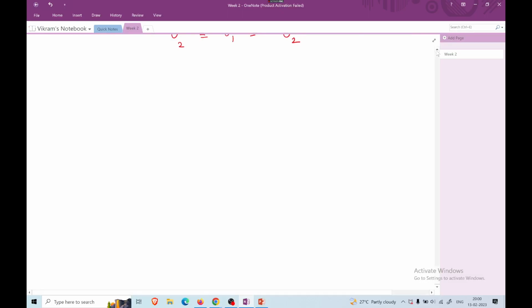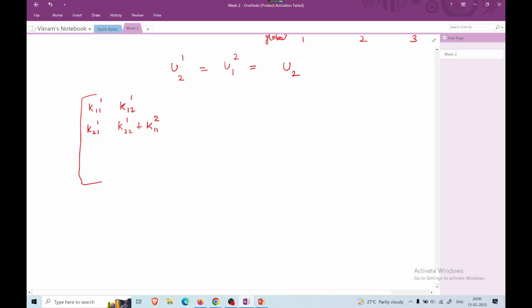While assembling this, you will have k11, k12, k21, k22 of the first element plus k11 of the second element, k12, k21, k22. So this will be 0. So this will be your u1, u2, u3. So this will be your LHS.